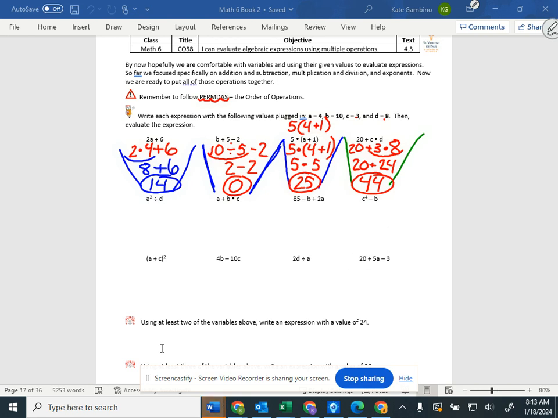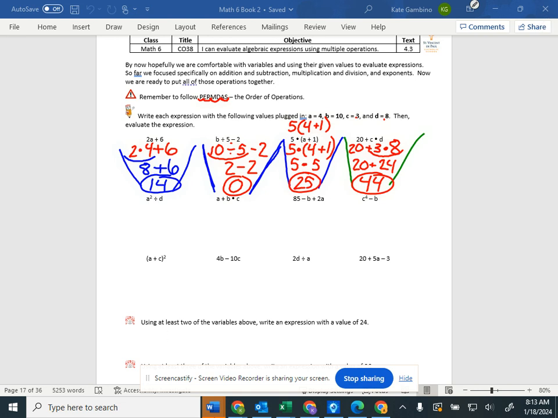On the bottom of the page, we've got some word problems to figure out and then review. Any questions on this? Ava? I forgot how to do the exponents? Yeah.